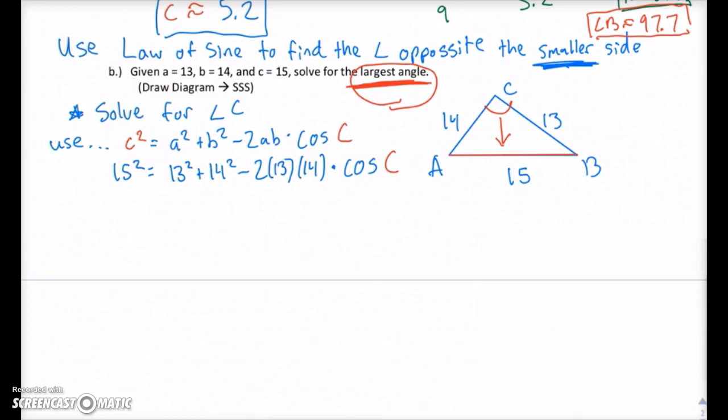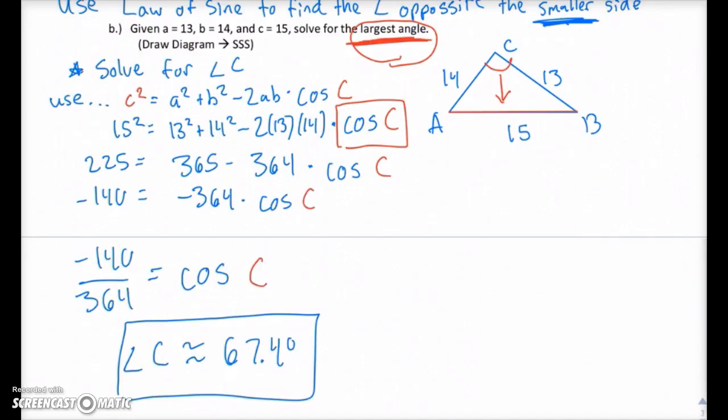From here, you have an equation and your goal is to solve for angle C. Pause the video real quick and simplify this equation. All right, so your final answer should be angle C is approximately 67.4 degrees.